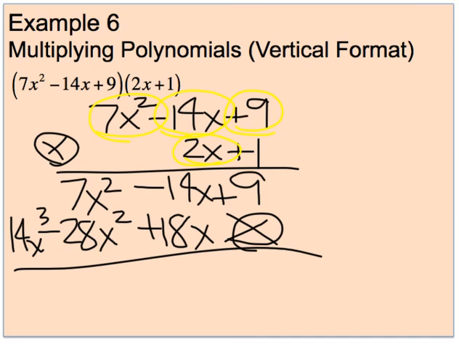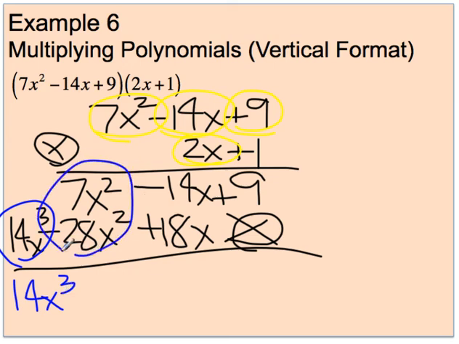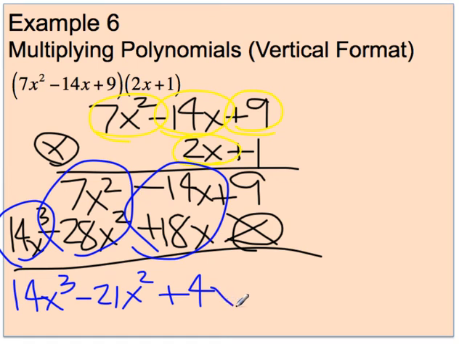Now we can find all the parts of our answer. So we have 14x to the third. Well, let's go ahead and combine like terms here. We have 7x squared minus 28x squared. That's these two parts. That's going to give us negative 21x squared. We have plus 18 minus 14, so that's going to give us plus 4x.